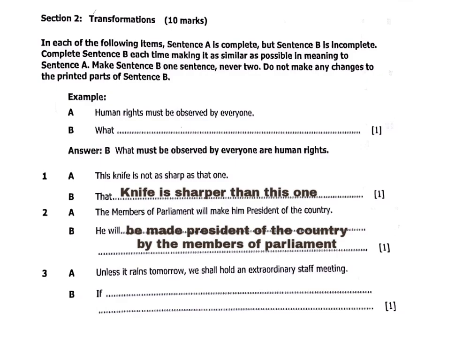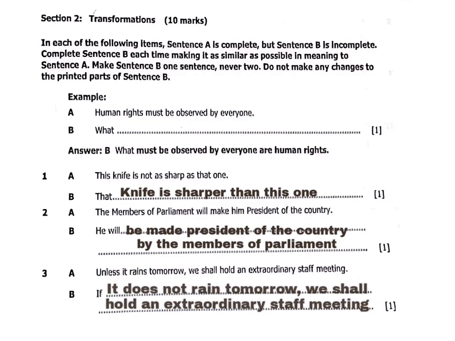So the correct answer is going to be, if it does not rain tomorrow, we shall hold an extraordinary staff meeting. Remember, when you start with a condition at the beginning, you need to put a comma inside the sentence. So I'm going to say, if it does not rain tomorrow, comma, we shall hold an extraordinary staff meeting.